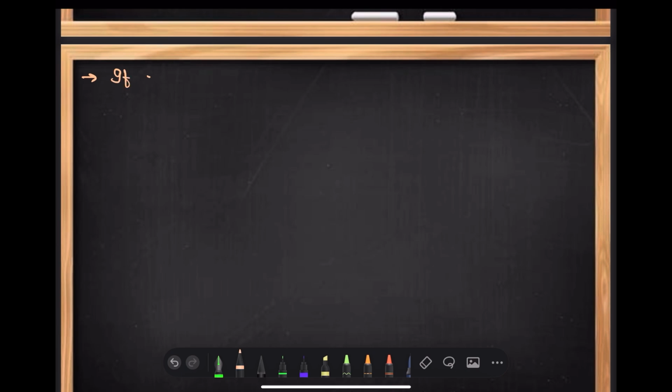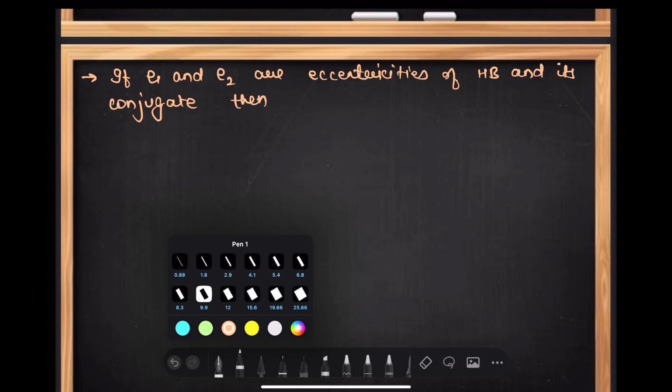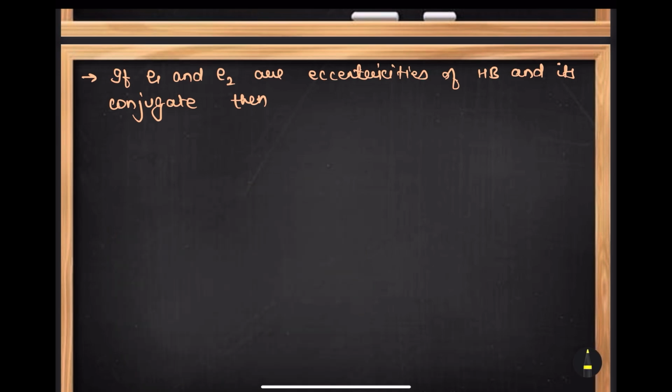If E1 and E2 are eccentricities of a hyperbola and its conjugate, then you have to tell me the relationship.